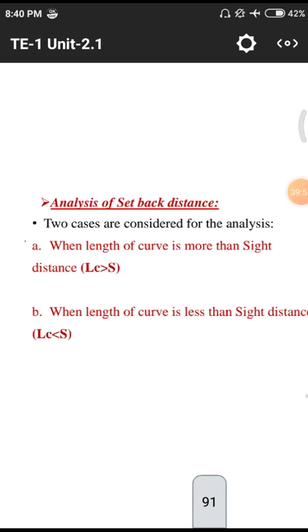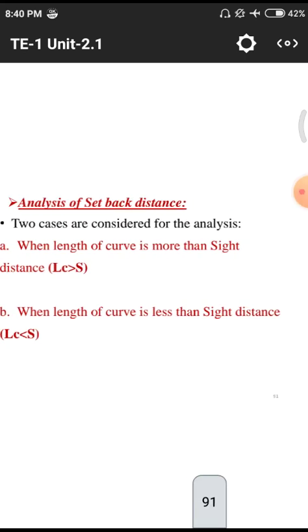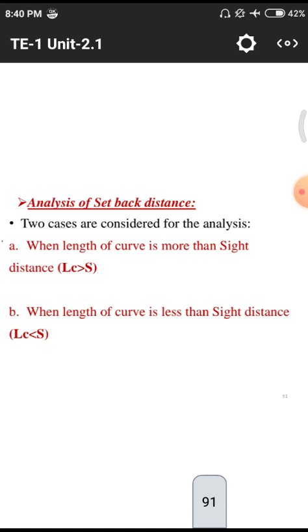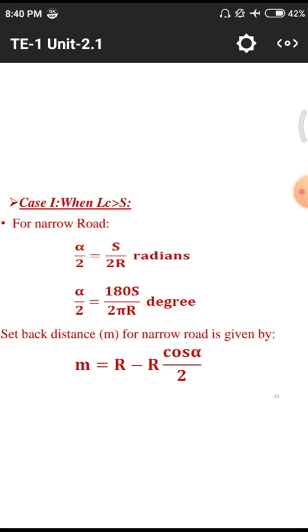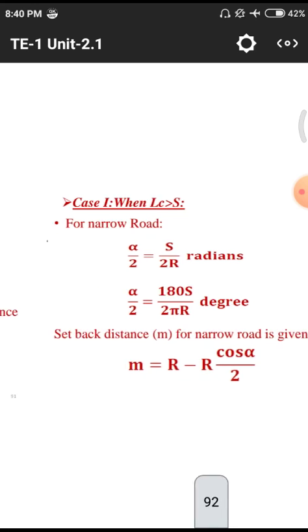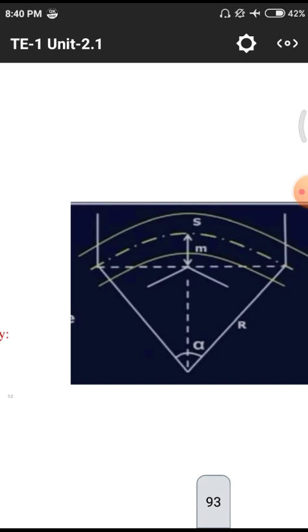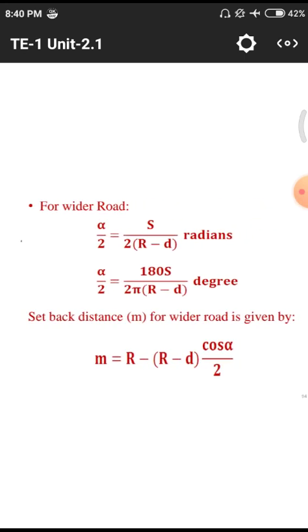Once again, we will discuss these two principles. If the length of the curve is more than the side distance, Lc greater than S, the formula is m equal to r minus r cos alpha by 2. If the length of the curve is less than the side distance, the formula is m equal to r minus d into cos alpha by 2.